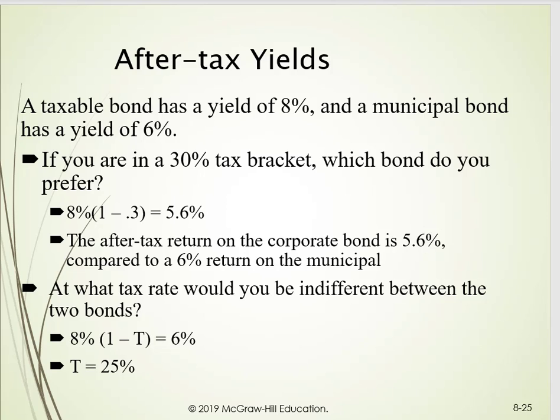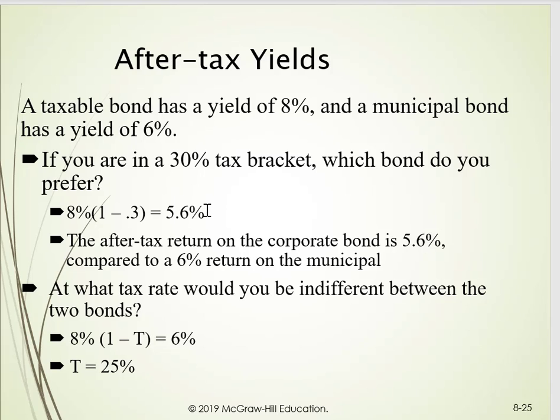So we need to understand in the end, what do we get to keep net of taxes? So if you earn 8% and it's taxable and you're in a 30% tax bracket, that means you'll get to keep 5.6%.